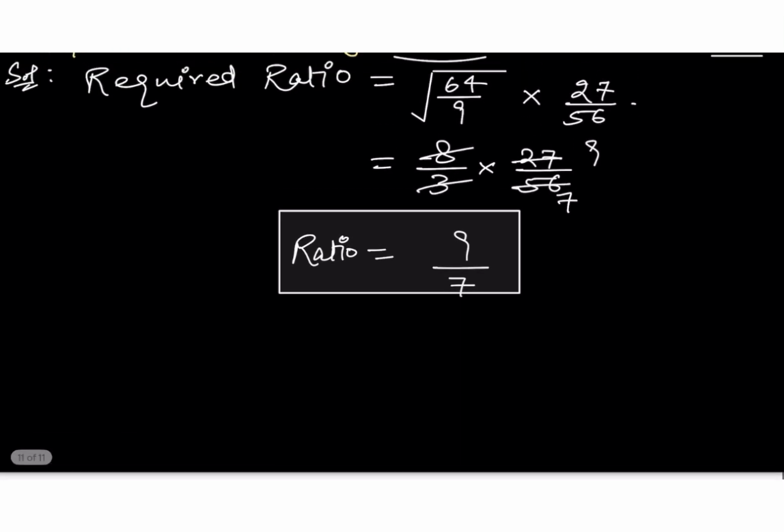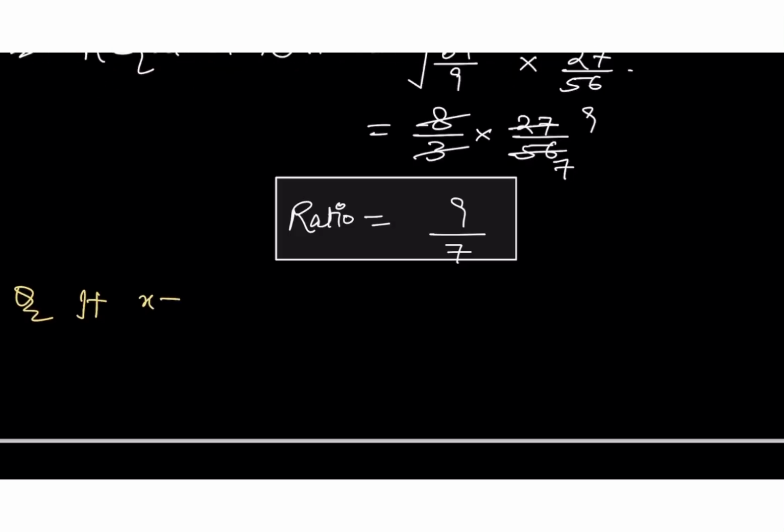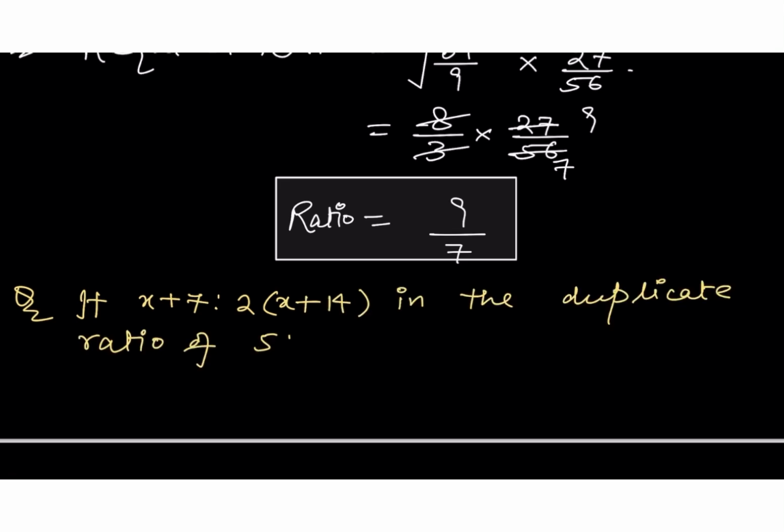Next question is, if x plus 7 is to 2 times x plus 14 in the duplicate ratio of 5:8, find x, right? So in question they are saying that the duplicate ratio 5:8 is x plus 7 is to 2 times x plus 14, right?